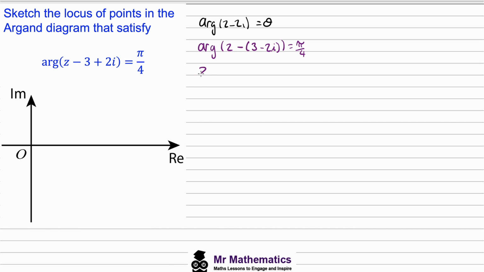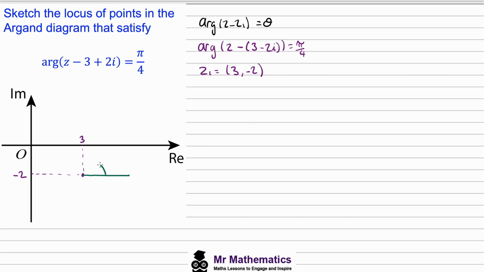So now we know that z1 is located at 3 and negative 2, which we can plot about here. So it's got a real part of 3 and an imaginary part of negative 2. And we know it comes from a direction which is parallel to the real axis at an angle of pi over 4 anti-clockwise.